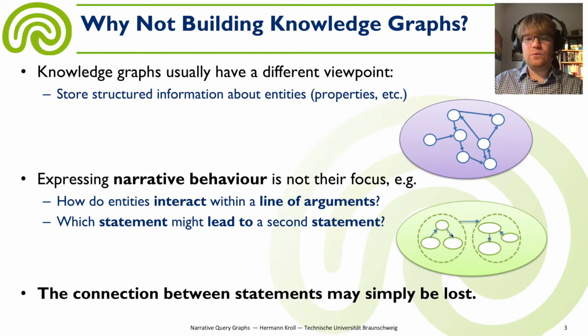So entities do interact with each other, and this might lead to some other observation, and this is narrative information, and we want to help users to retrieve this information from texts. So if you simply extract statements out of documents and put all together into one single knowledge graph, you usually lose the connection between statements. And this is something which we would like to prevent.